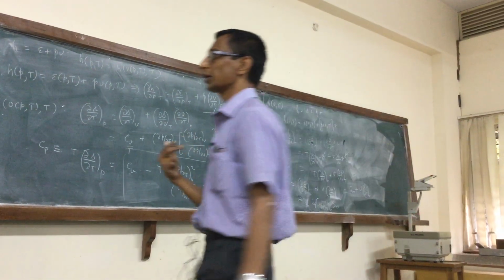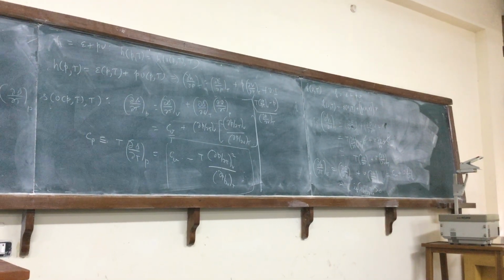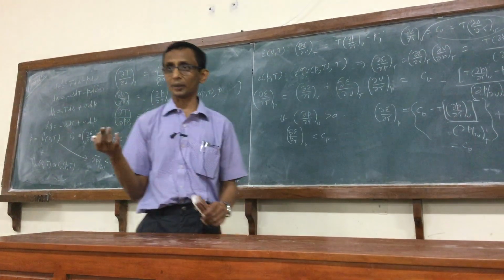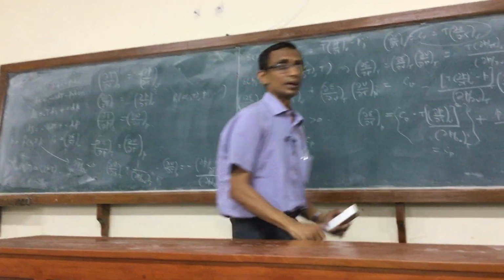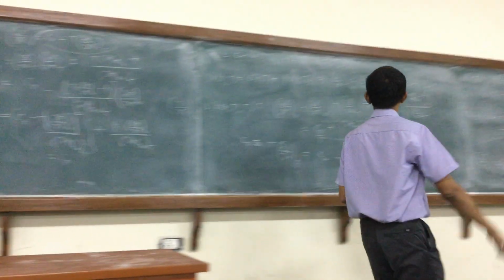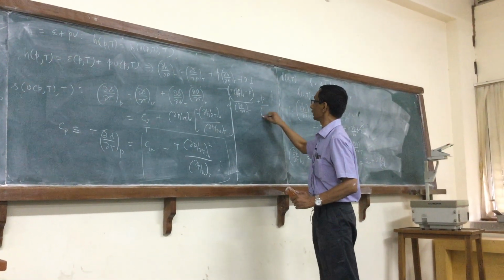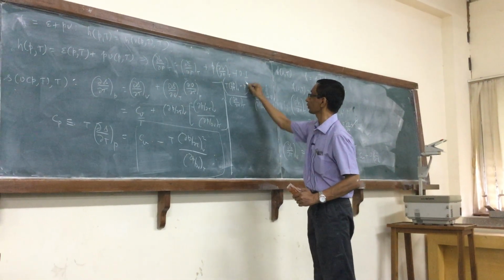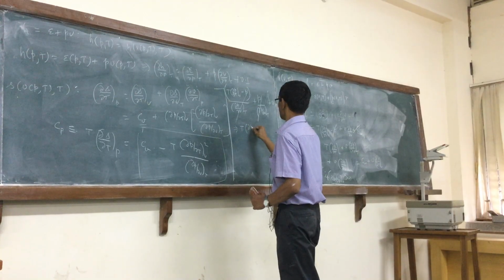An easier method would probably have been to do this, but anyway, there are so many methods. You can try some of the other methods and check if you're getting the same relations. So I have this plus P dV by dP at T plus V, so this is going to cancel with this. So we get this to be T dV by dT.